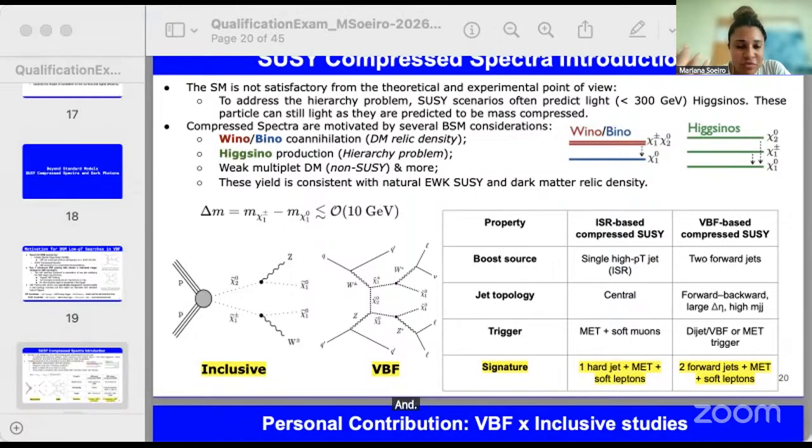The dark photons are more clear, and when we work with the VBF part, we focus on electrons. That strategy for the dark photons is the clearest one. Yeah, the idea in terms of the colliders is that.